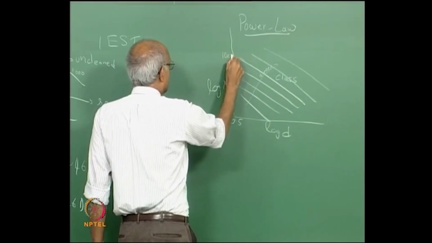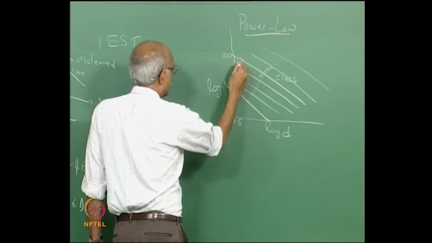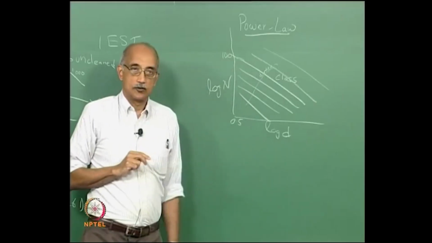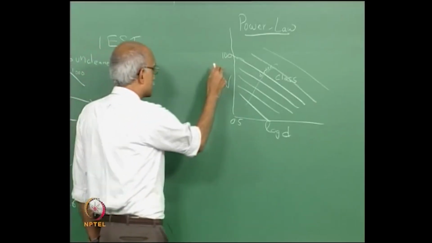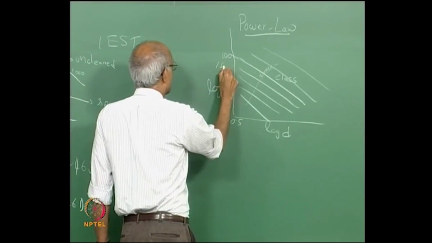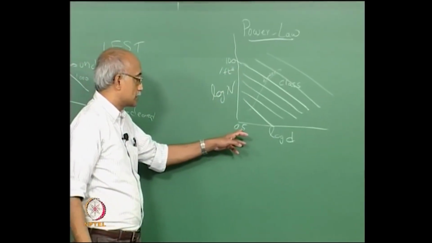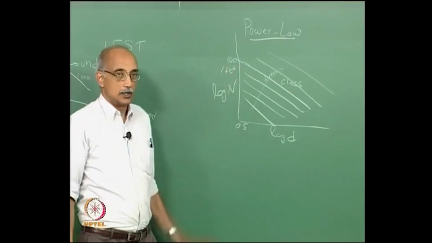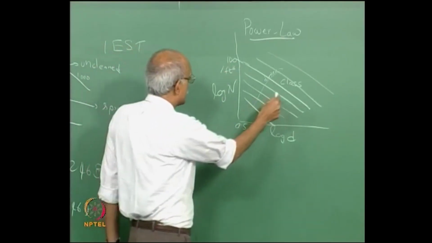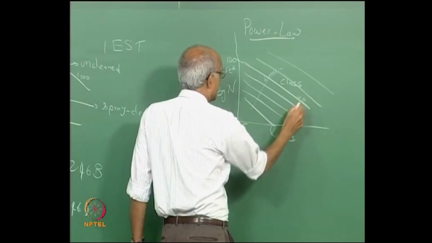So, for example, if the cumulative count of particles, in this case per cubic feet, for particles larger than half a micron is 100, then this is called a class 100 clean room.